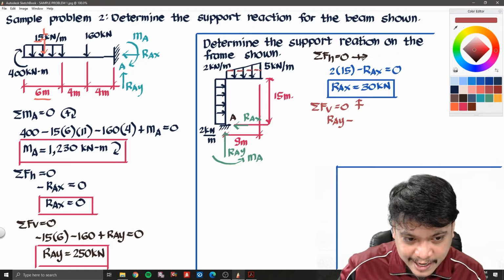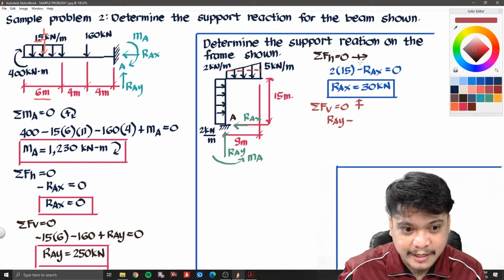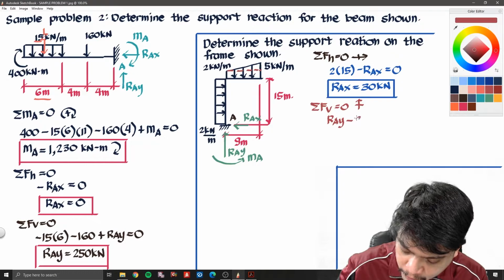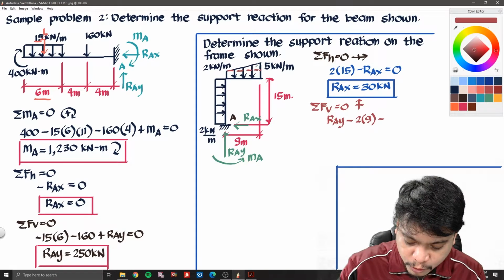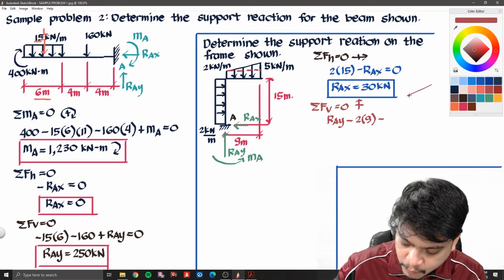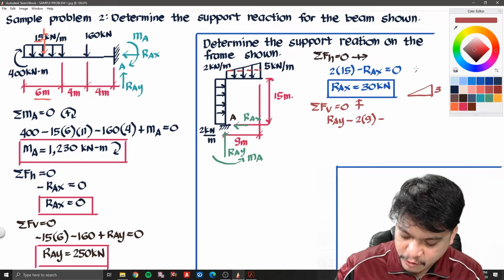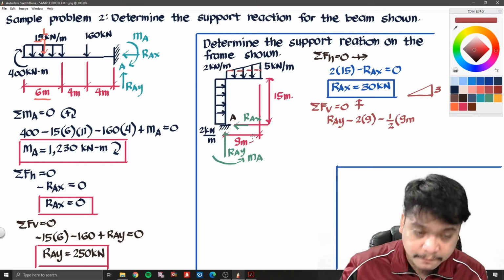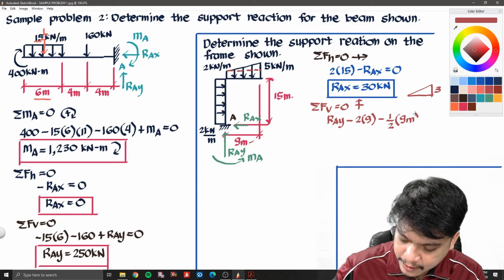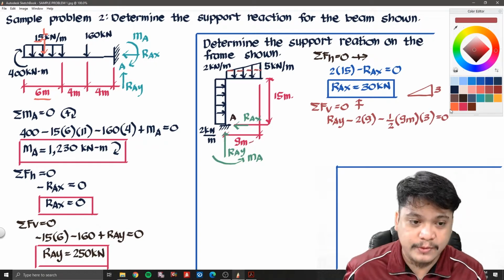So, ang kanyang resultant is 2, multiplied by 9. And then yung horizontal mo, kung 5 to, 2 to, ang matitira na lang sa triangle mo is 3, so 5 minus 2. So, you will be having here minus 1/2. Ang base natin is 9 meters. And then, multiply natin by the 3 kilonewton per meter. And that would become equal to 0.